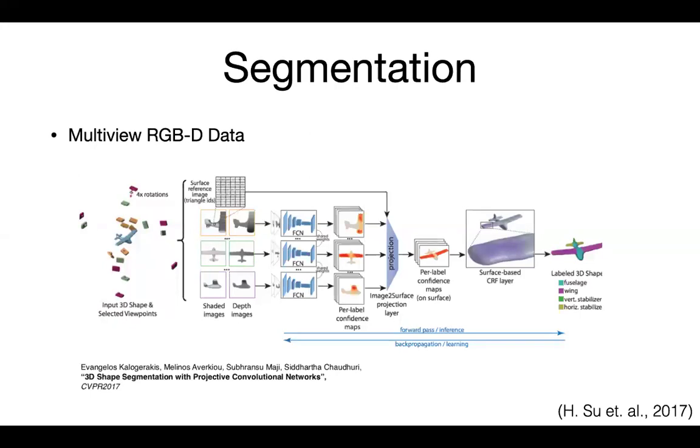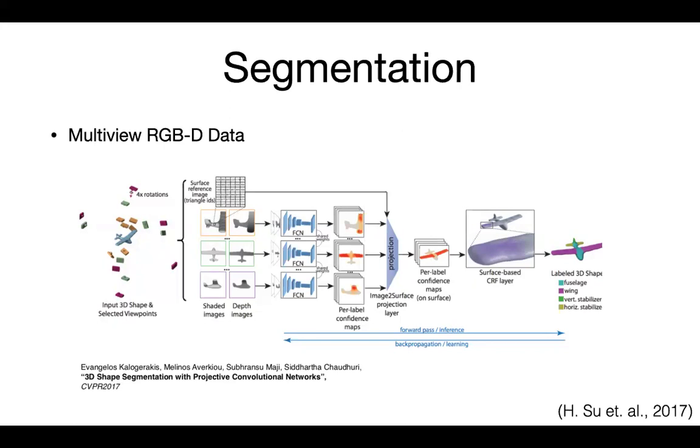Another more sophisticated operation is segmentation. Here it is slightly different from images, because we assume that for training, we have a mesh, and we are going to separate the mesh into different parts, right? The wings of the airplane, the body of the airplane, the stabilizers, and things like that. This is marked for supervised learning.